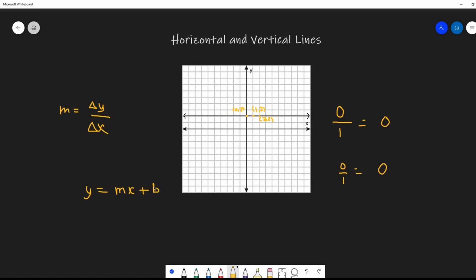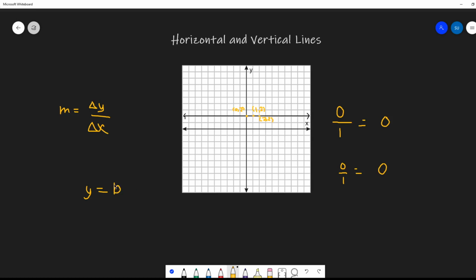So once you know that the m is 0, then there will be no x. Because the coefficient is 0, there's not going to be any of that variable. If the coefficient was 1, then there would be 1x. So that means the only thing you would have is b. So instead, the equation for a horizontal line would look like y equals b.